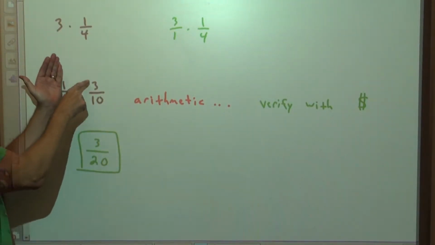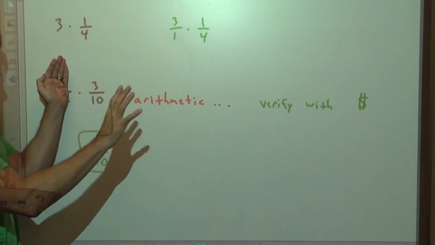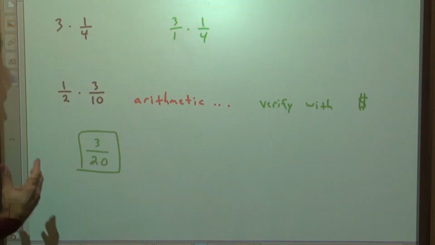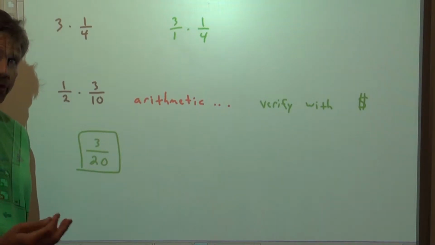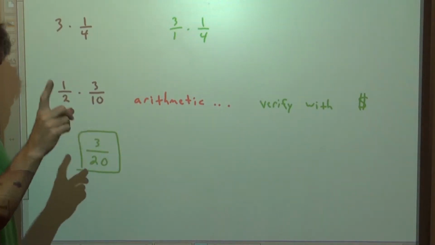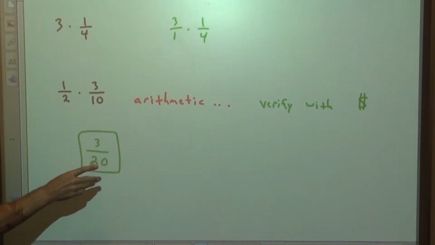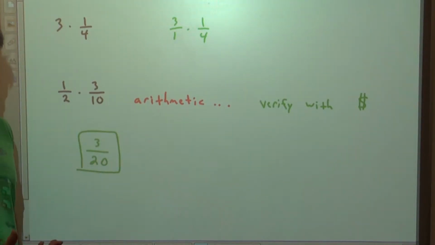If you start out with 3/10, a tenth of a dollar is a dime. You have 3 dimes. All right, you guys. If you take half of 3 dimes, isn't that half of 30 cents? So what you should be left with is 15 cents. Half of 30 cents is 15 cents. Now check this out. Our final answer was 3/20. Wait a minute. This 20 means you're chopping the dollar up into 20 equal parts.